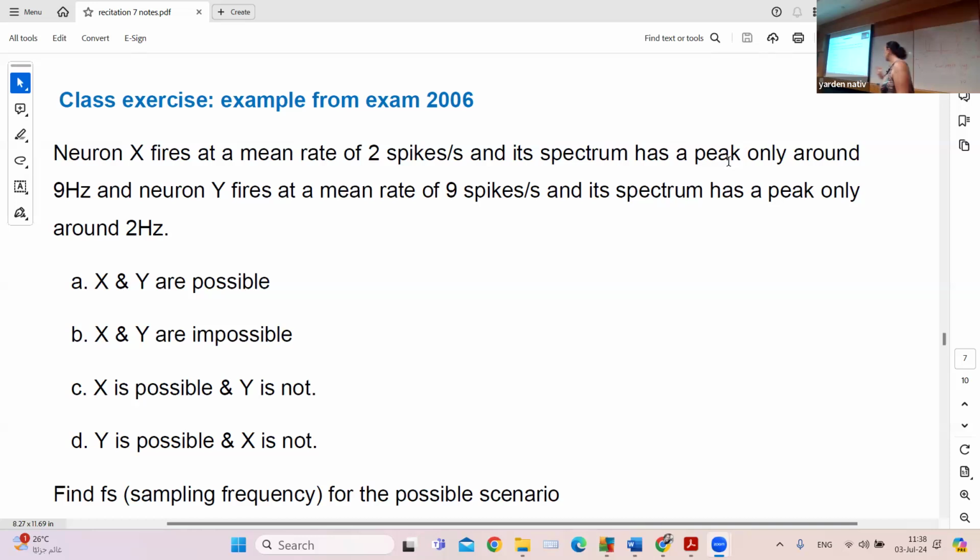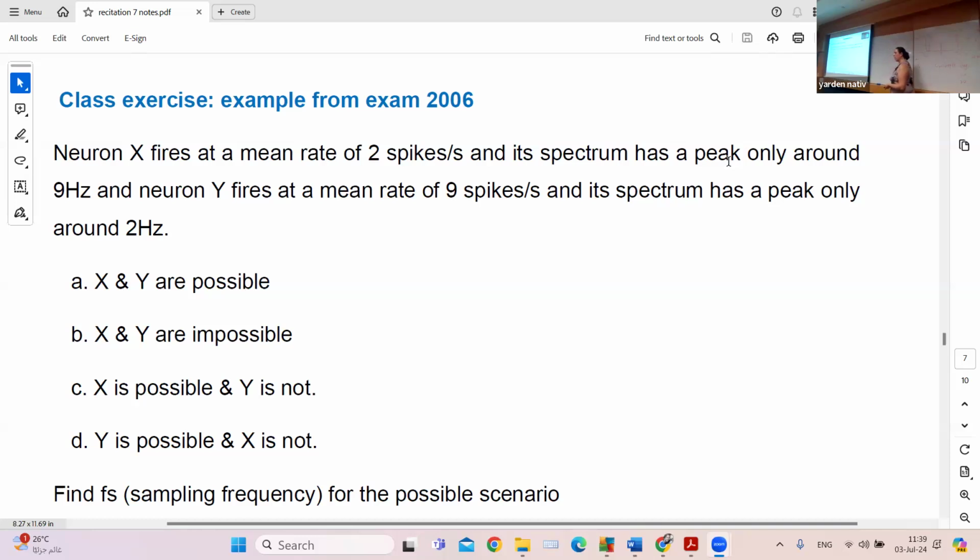Now, what could be the sampling frequency that will alias the frequencies like this? So what we know is that the frequency of 9 was mirrored to 2, right? We don't see the 9, we see the 2.